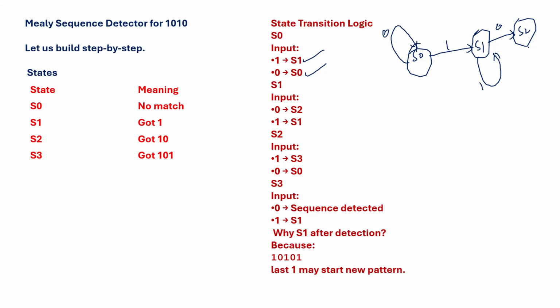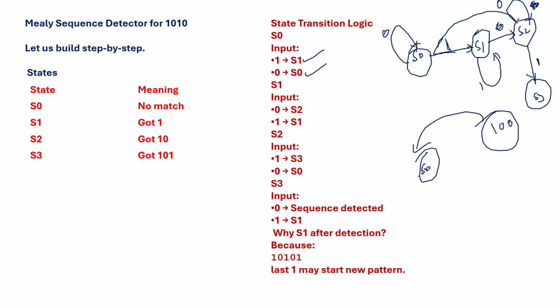S2 is similar. If you give 1, that is 1 0 1, so it moves to state S3. If you give 0, it goes back to S0. Why does it go to S0 here? Because my pattern is 1 0 and then another 0 gives 1 0 0, which is the wrong pattern. That is the reason it returns to the initial state.